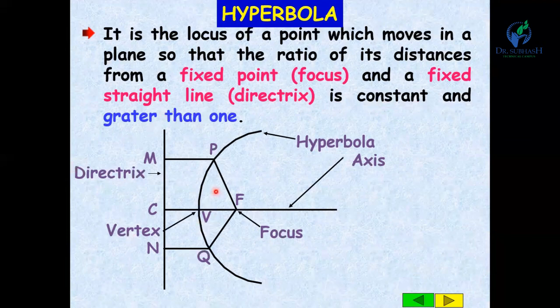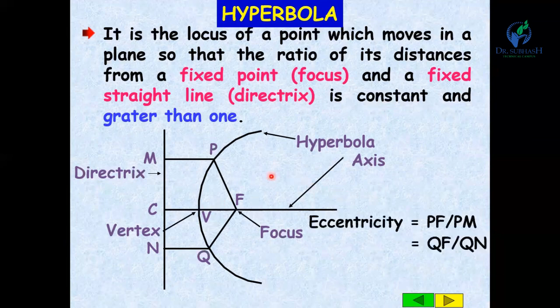So as per the definition, here the eccentricity is always greater than 1. If we take the points P and Q on this curve, then PF upon PM is equal to QF upon QN and is greater than 1. So in hyperbola, eccentricity is always greater than 1.